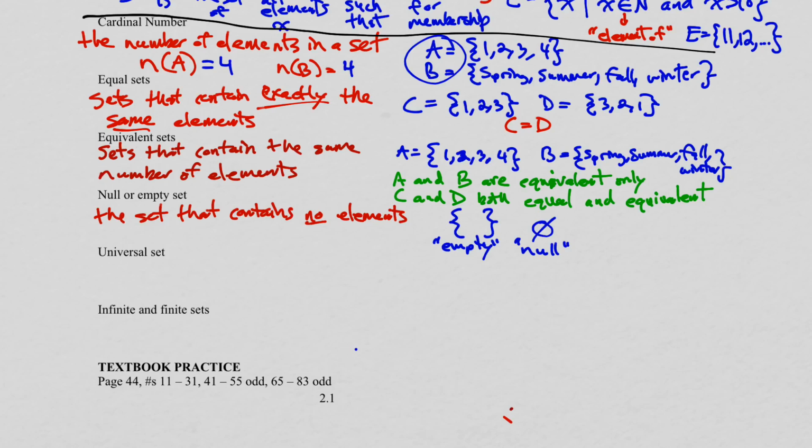For example, the set of months that begin with Z. What month is that? Well, there are no months in our calendar that begin with Z, so the set would be empty.